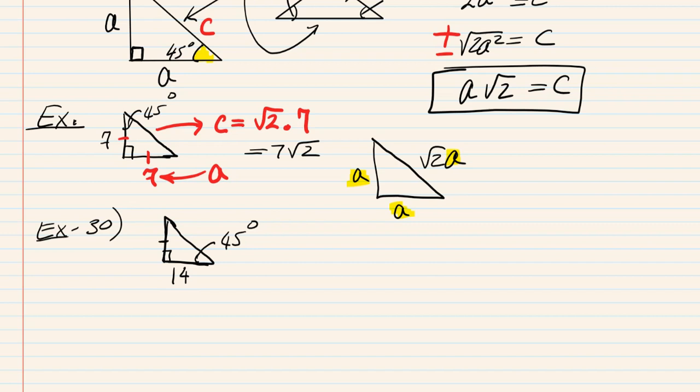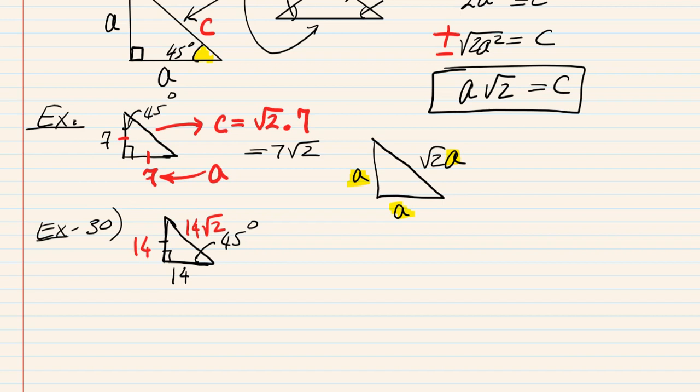So this other side is going to be 14 also, right? There you go. And the hypotenuse, right? That's C. Remember, we're going to put 14 here, right? 14, 14, 14, and times root 2. There you go. That would be the hypotenuse. And of course, in a calculator, we can approximate, because the question says, where appropriate, an approximation to 3 decimals.